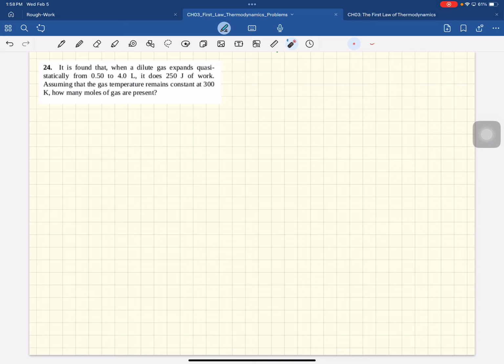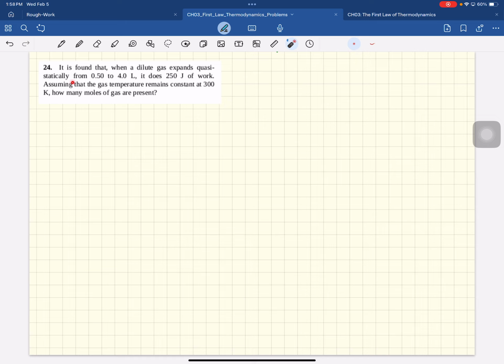Okay, guys, let's do just a couple of problems and then we'll get done. It is found that when a dilute gas expands, you'll encounter this expression often. Whenever they say dilute gas, what they're implying is that the gas behaves like an ideal gas, so PV equal to nRT, all those formulae apply.